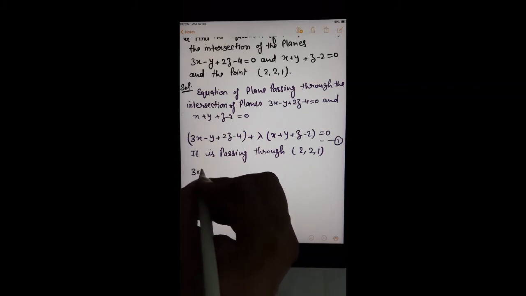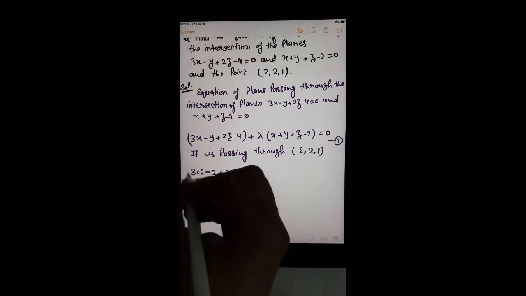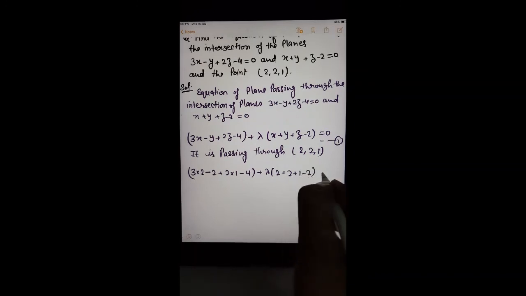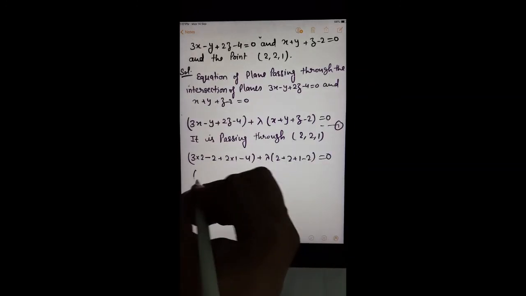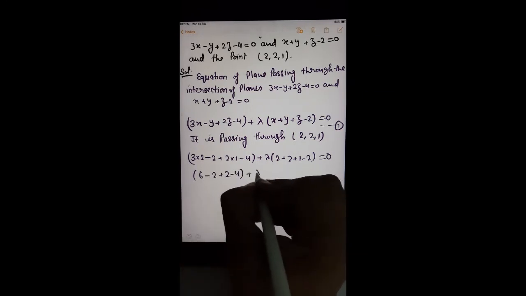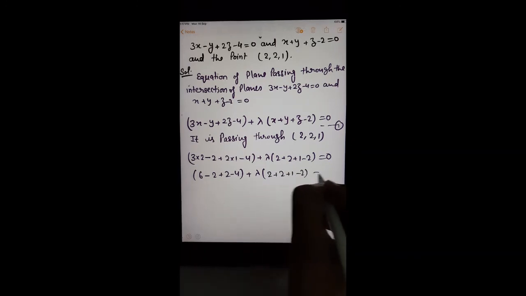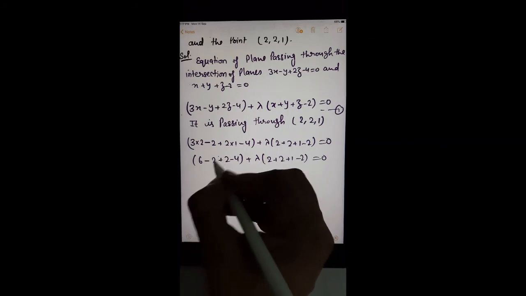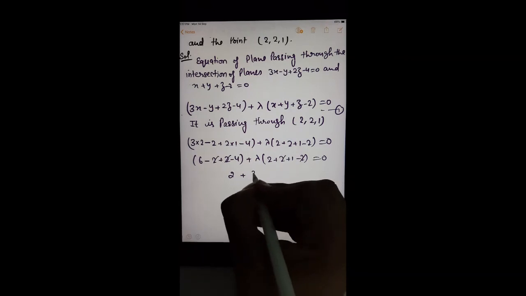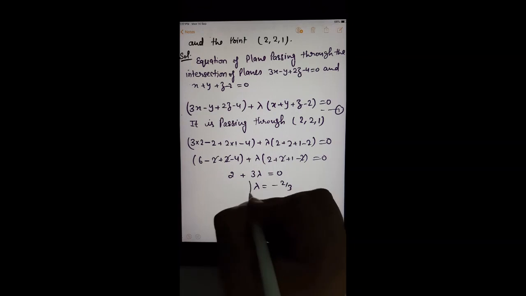We get 3 into 2 minus 2 plus 2 into 1 minus 4 plus lambda times (2 plus 2 plus 1 minus 2) equals 0. So we get 6 minus 2 plus 2 minus 4 plus lambda times (2 plus 2 plus 1 minus 2) equal to 0. So here this 2 cancels out, 6 minus 4 that is 2, and here it is 3 lambda.